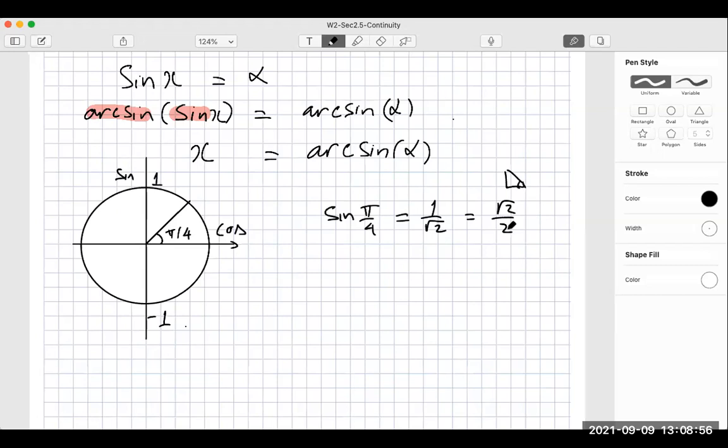Then arcsine is the inverse of that. It means that if we are given the value square root of 2 over 2, then what is arcsine of square root of 2 over 2? Yeah, pi over 4, right?